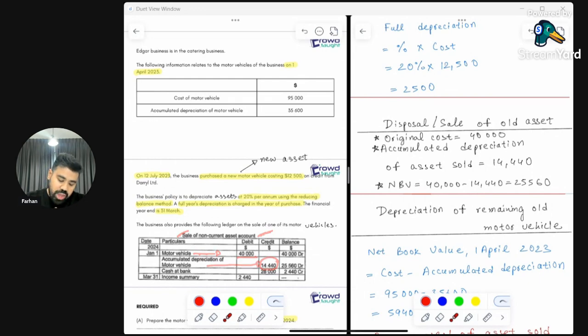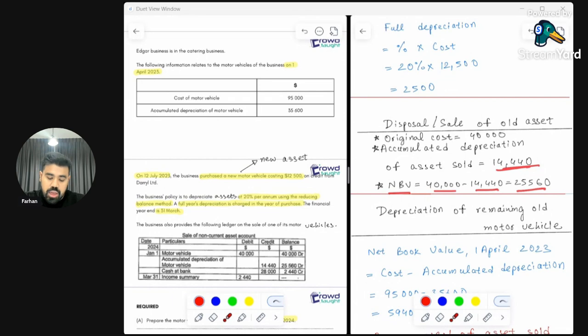Okay, so we have picked these two information. So the original cost being $40,000 and the accumulated depreciation of asset being $14,440, which gives us a net book value of the difference between original cost and accumulated depreciation, which is 40,000 minus 14,440, and that's 25,560.